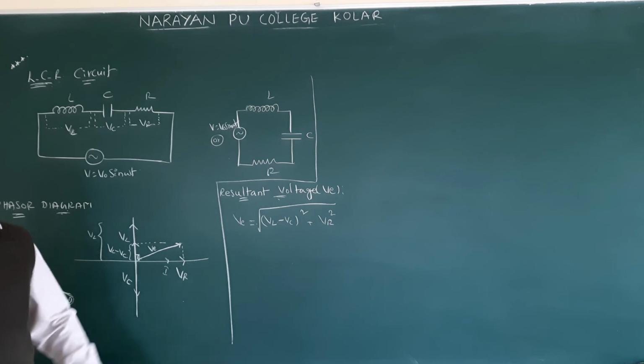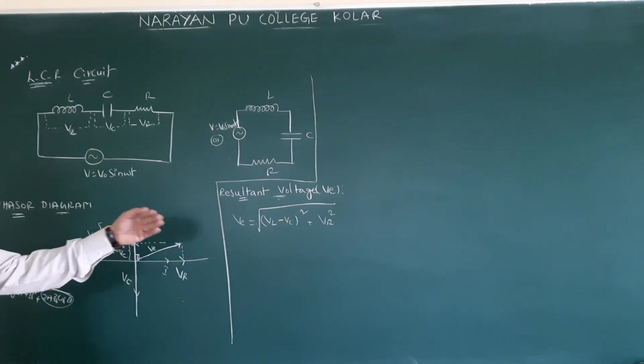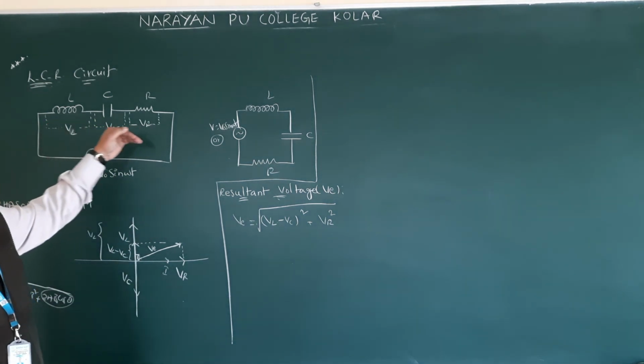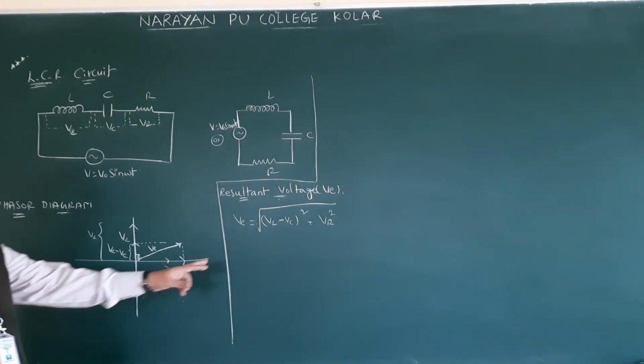Now if you want to write the current, how much current is going to flow? Current is nothing but effective voltage by resistance. That is nothing but the total resistance here. The total resistance only we are calling impedance, isn't it? Now substitute here.